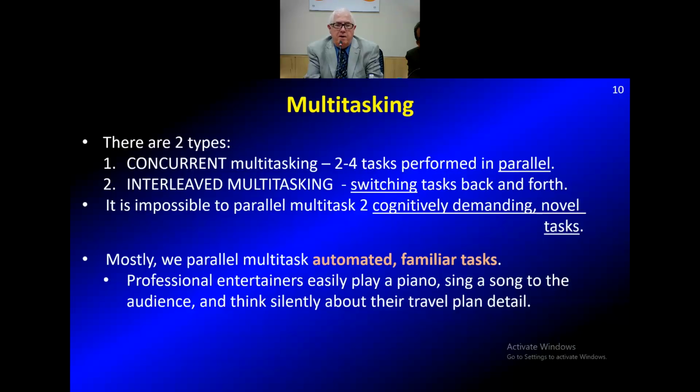You work on the one, then the other, on the one, then the other. There's no other alternative. So some people will say multitasking is impossible, and you will read that in textbooks. It's actually a misstatement. Multitasking is absolutely possible and regular and common when we are performing familiar automated tasks like handling anesthesia drugs.